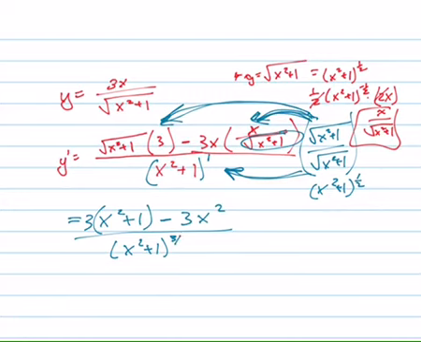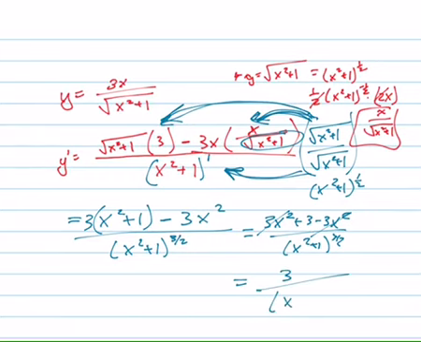And then I can clean that up a little bit more by distributing that 3 in: 3x squared plus 3 minus 3x squared, those are going to cancel out. So my real answer is just going to be 3 all over x squared plus 1 to the 3/2. There's your answer.